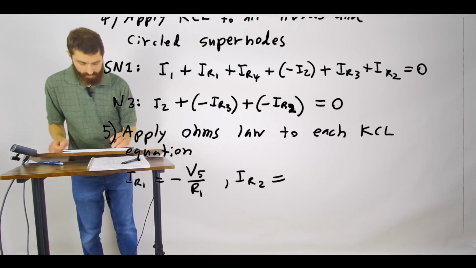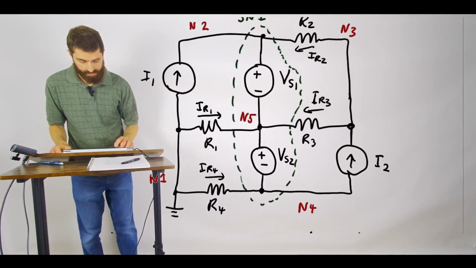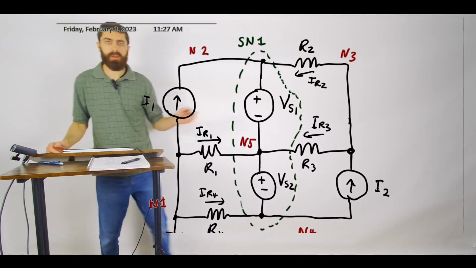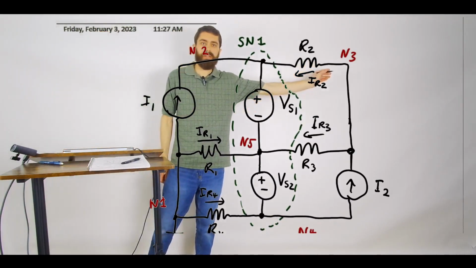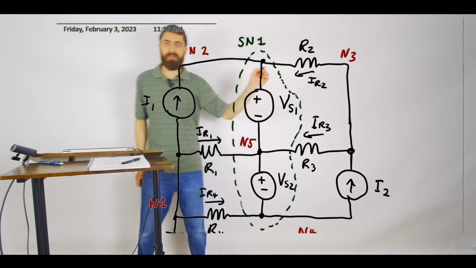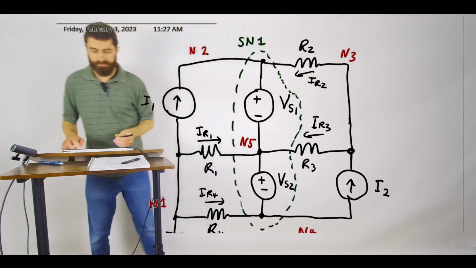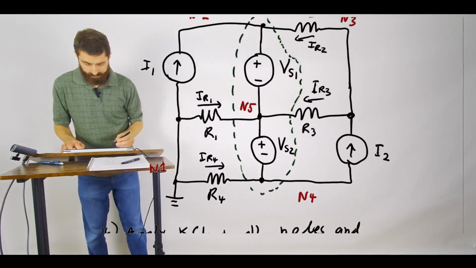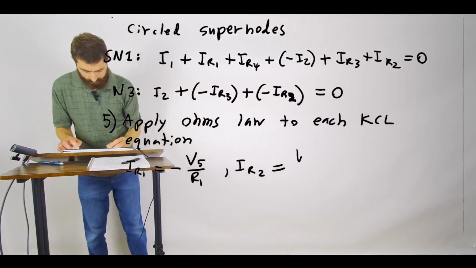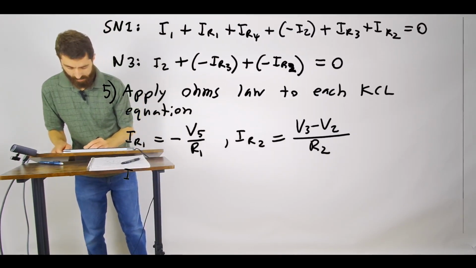And then IR2, let's see what that will be. IR2 would be V3 minus V2 divided by R2. And then we have IR3.